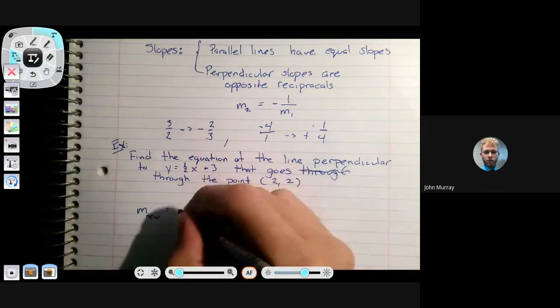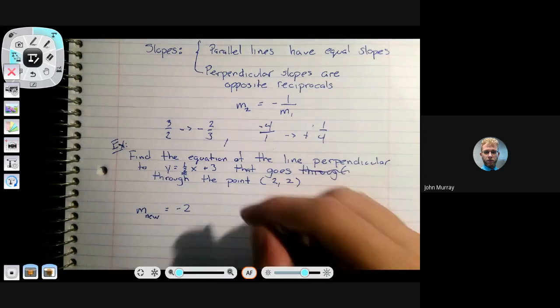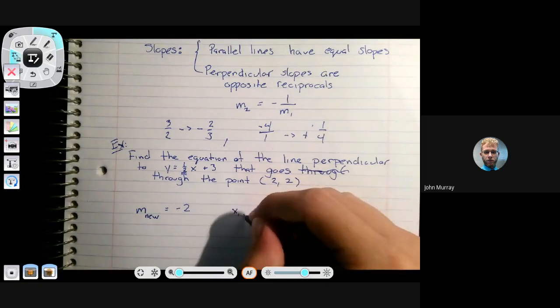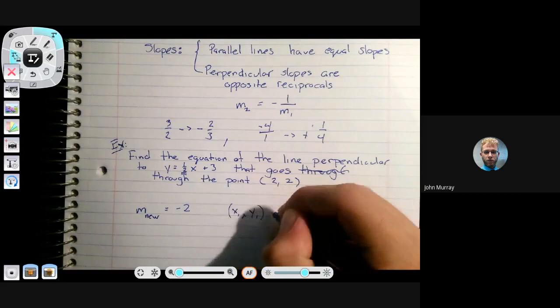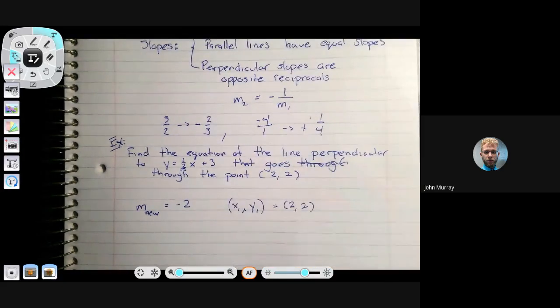Okay, so that's going to be our new slope, because my old slope was 1/2. So my new m is -2. Good. And then we have our x1 and our y1. They give that to us. That's 2, 2. A lot of 2's here, but that's all right.